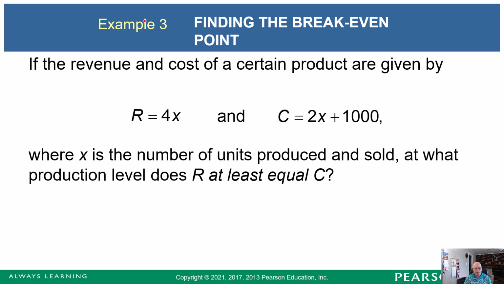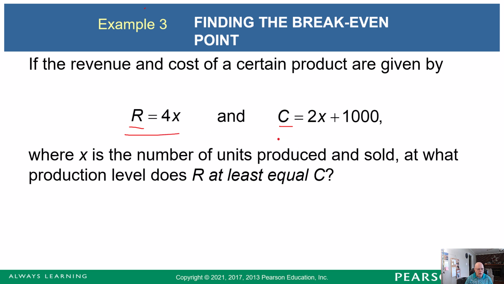Next, this wasn't my favorite years ago, but once I started doing some business things, especially business calculus, revenue and cost became important. Now it says the revenue and cost of a certain product is given as we see here.